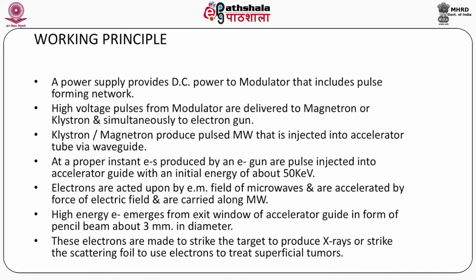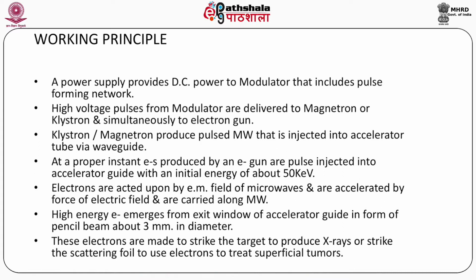As we know, when high energy electrons strike a target of high Z material, it produces photons. In a normal X-ray machine of the diagnostic range, where energy is in keV, the production of photons, or we can say the energy converted into photons, is only 1% maximum, and the rest 99% of the energy is converted into heat.